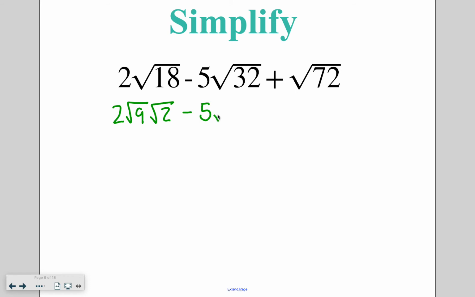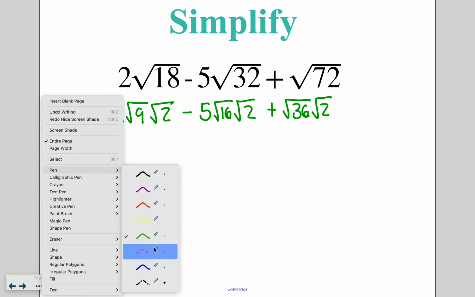So I've got 5 square roots of 16 square roots of 2. And I also can simplify 72 to the square root of 36 times square root of 2. You could also have broken it down into 8 and 9, but 8 then would get split into 4 and 2. So there's a couple different ways you could split up square root of 72.